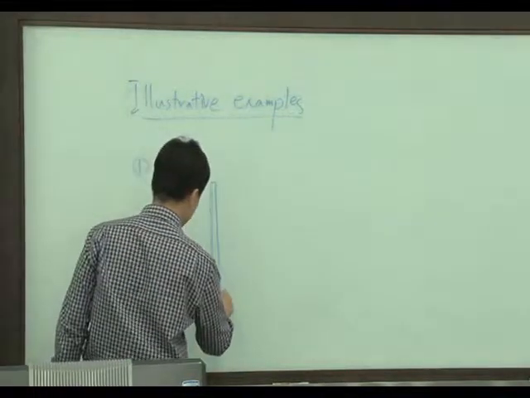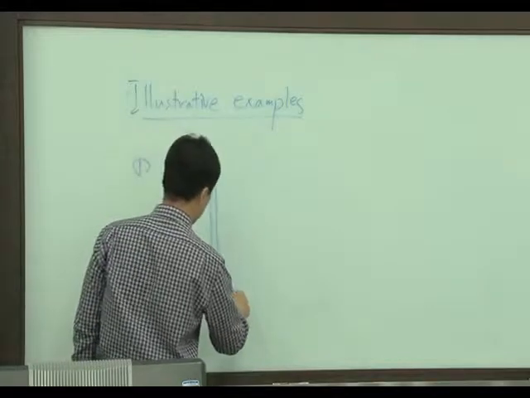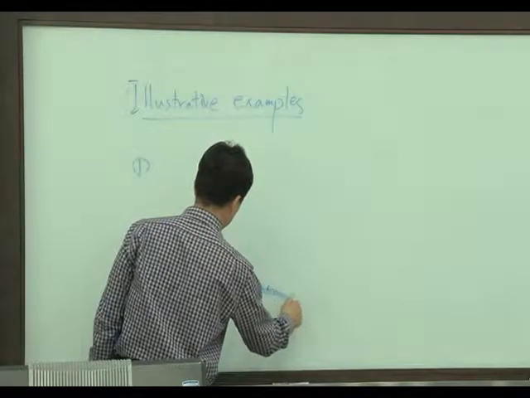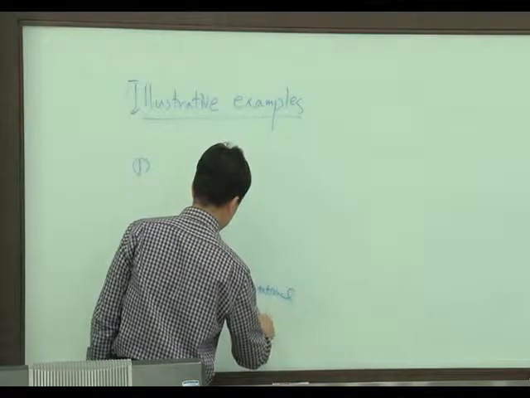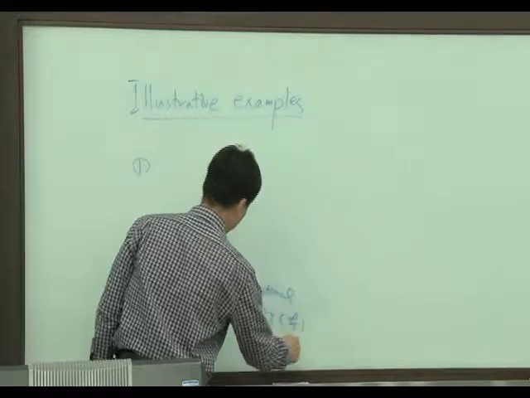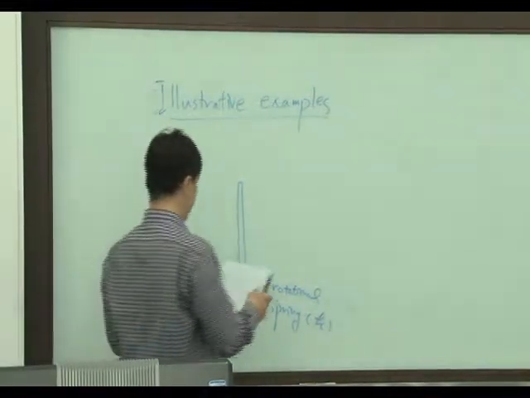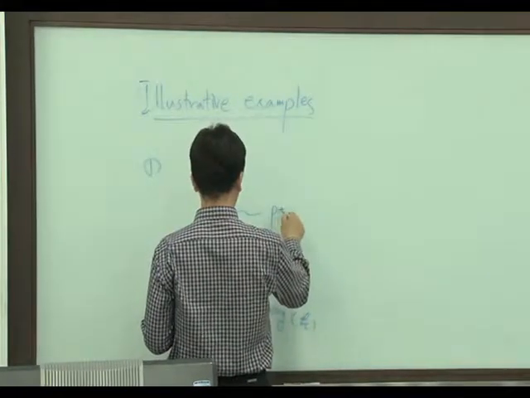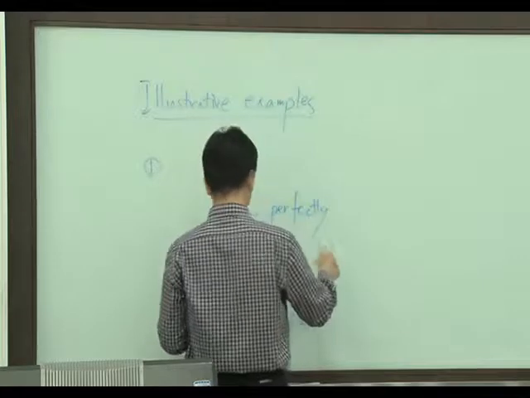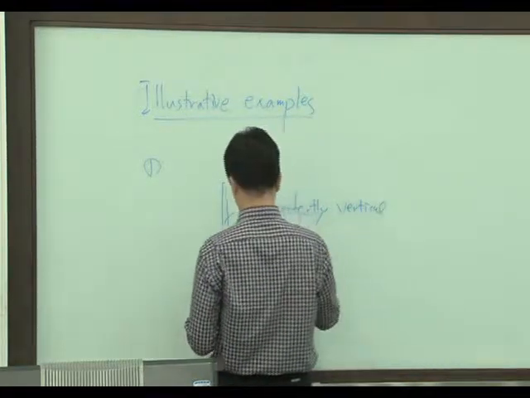And here I'm going to put a rotational spring with spring constant K. And this bar is perfectly vertical, a rigid bar.